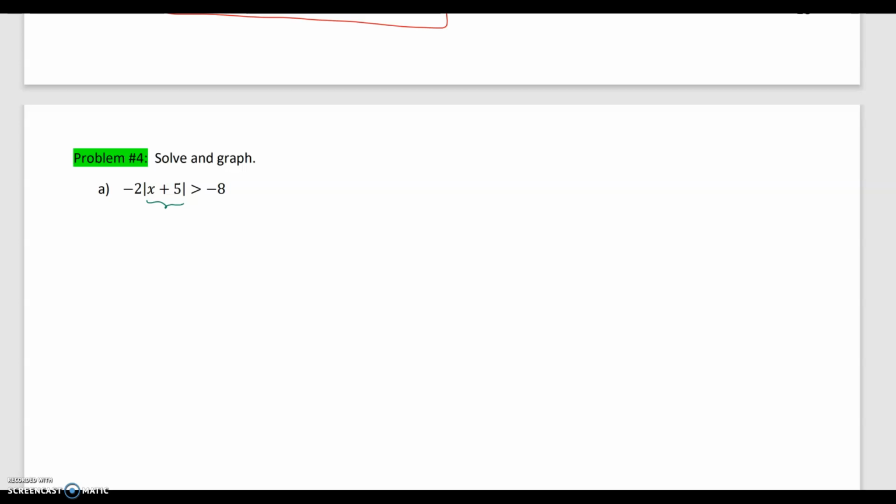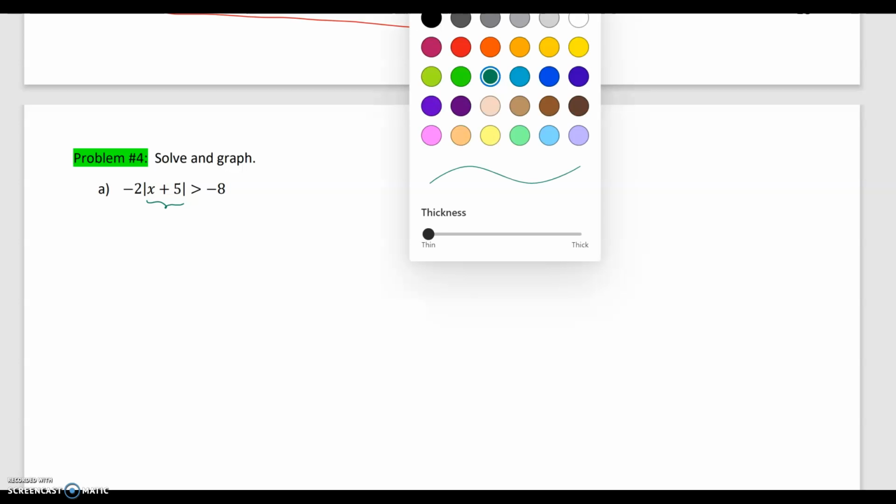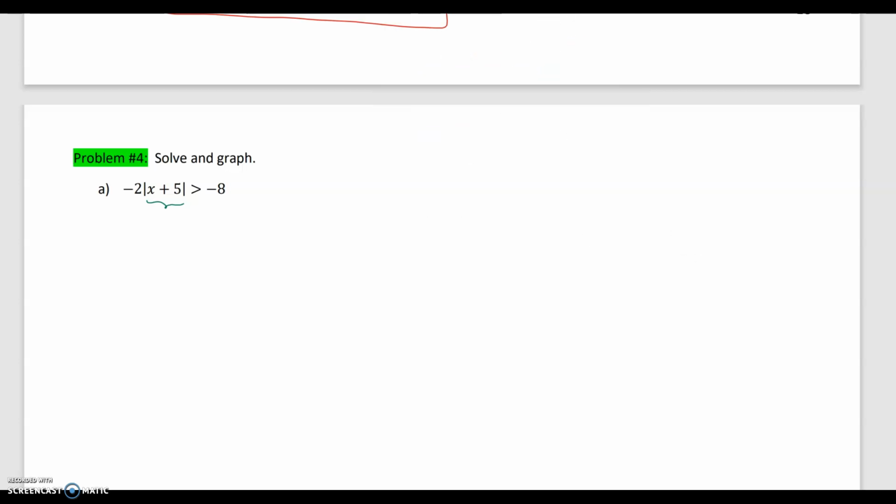Okay, here we go. In this situation, the inequality is not ready for us to do any work on it in terms of separating it. The first step is to get rid of this value and have the absolute value portion by itself on one side. So I'm going to divide by -2 and divide by -2.